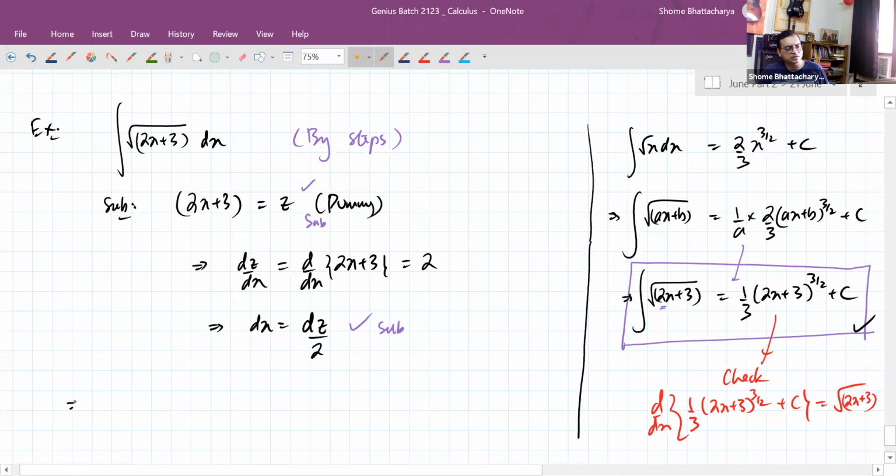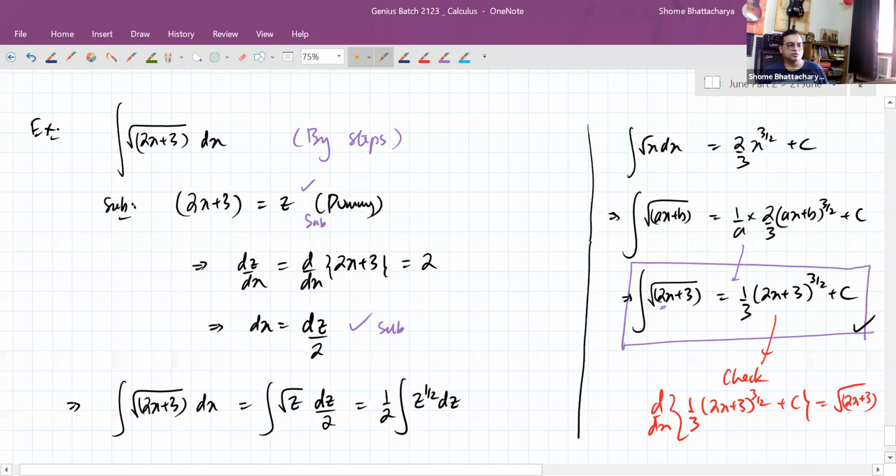So our original integration, integration of square root of 2x plus 3 with respect to x, will become integration of z to the power half, but dx will be substituted as dz by 2. So this will become 1 by 2 z to the power half dz.